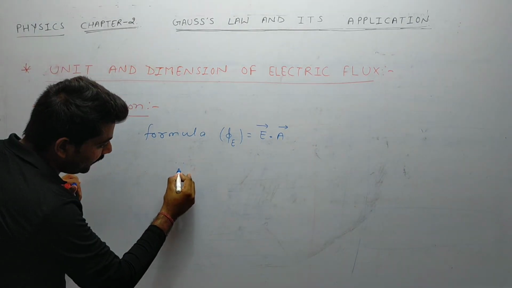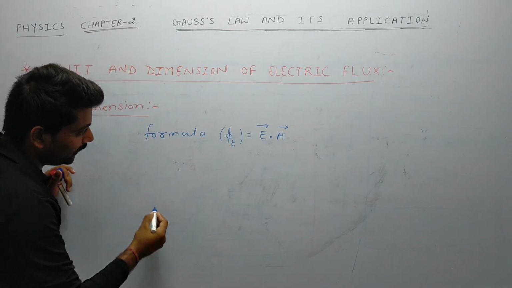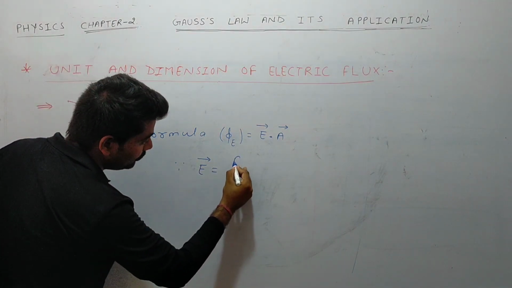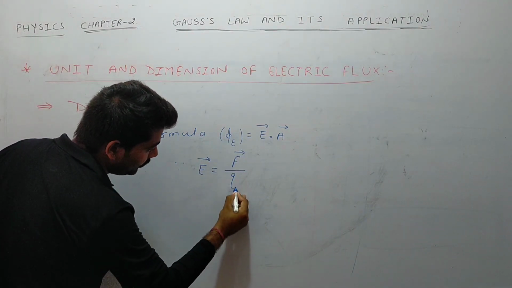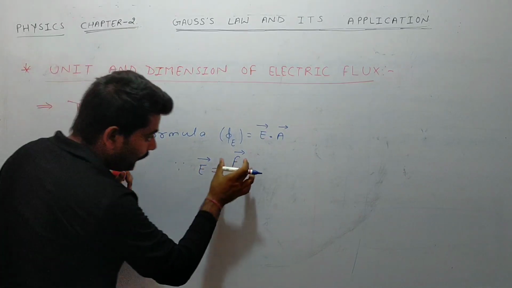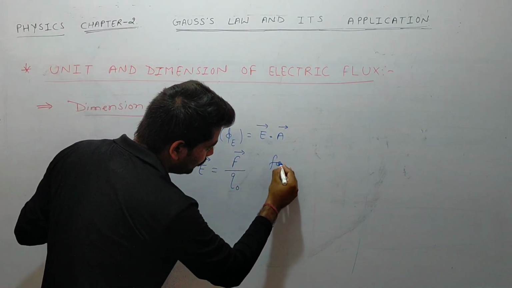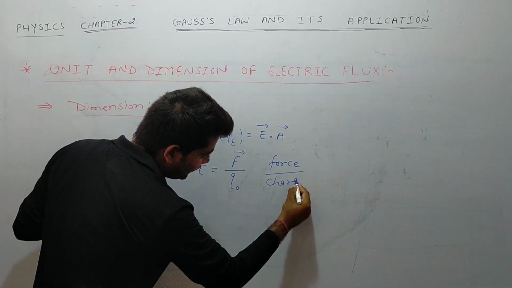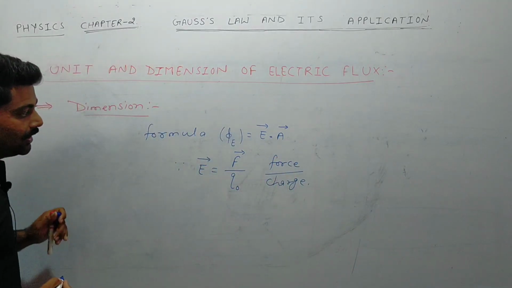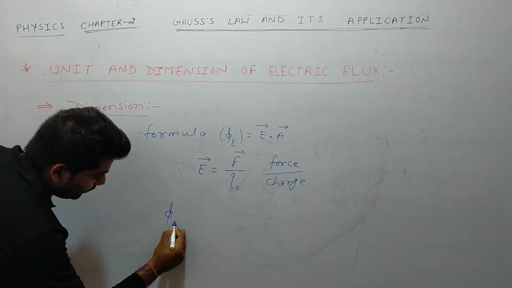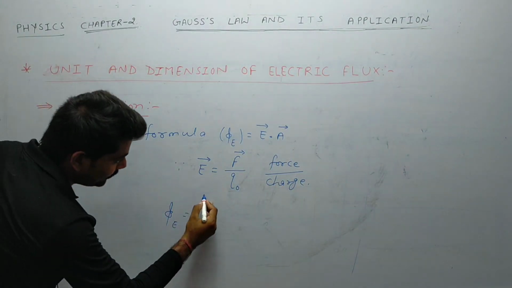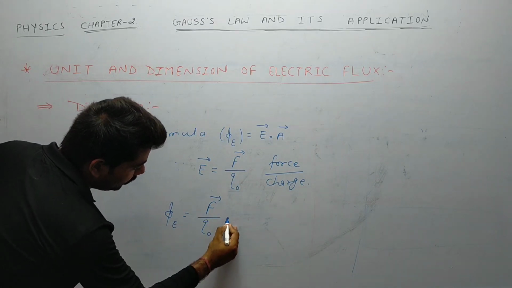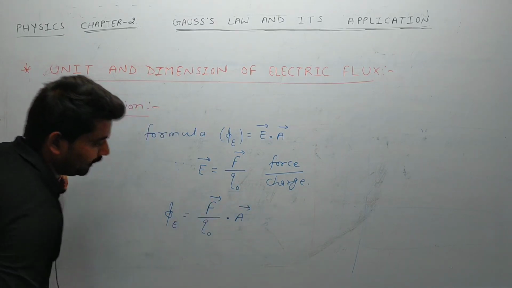But the formula of electric field, according to the first chapter, is E vector equals F vector upon q naught, where F vector is the force and q naught is any test charge, any unit charge. So phi E, electric flux, equals F vector upon q naught dot A vector.